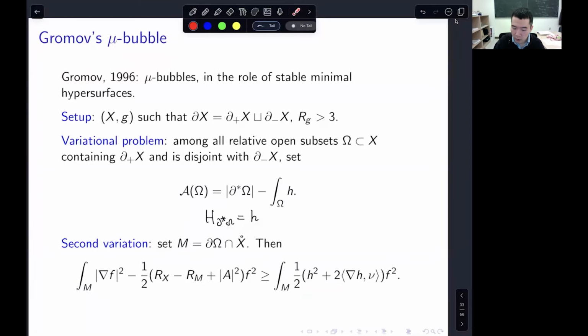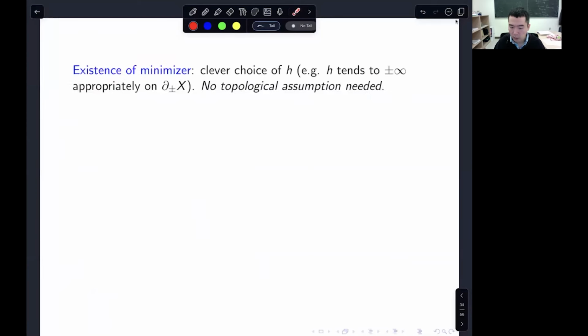Now, the observation is that if we can choose h in a clever way, for instance, h is larger than the mean curvature of the barriers del plus and del minus, particularly if h tends to plus or minus infinity appropriately on these two boundaries, then the minimizer always exists in the middle. Notice that in this argument, there's no topological assumption needed at all. So you can somehow always find the minimizing surface.